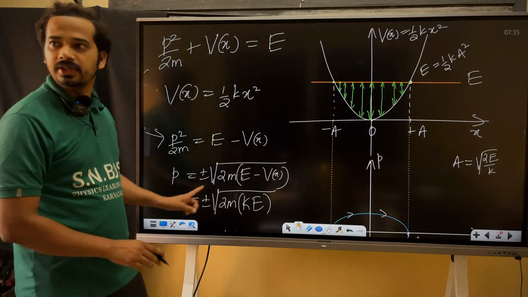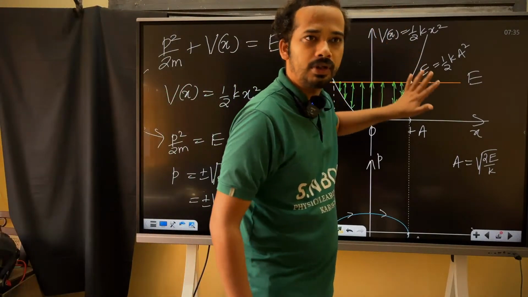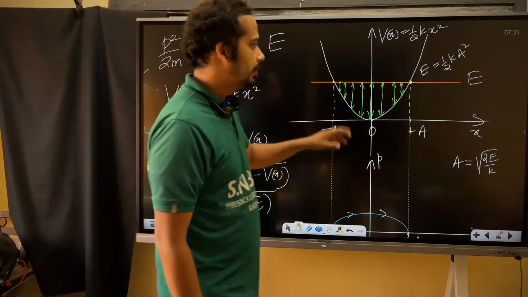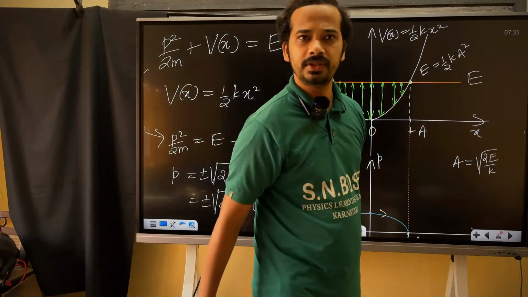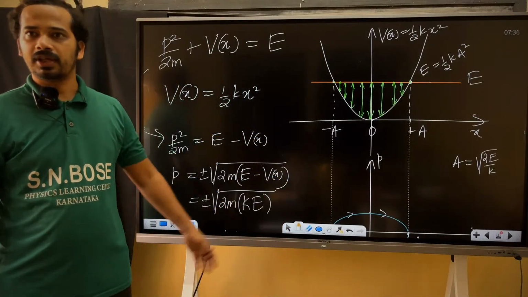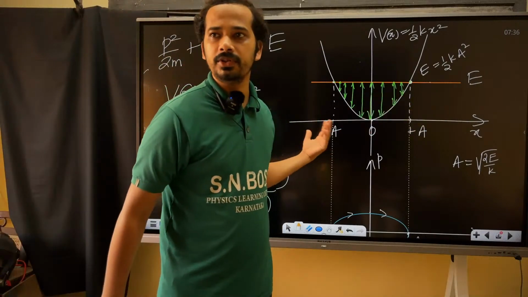Whatever system they give, first draw the potential. After you draw the potential, what do you do? Draw the energy, choose one energy. You can have your energy choice, am I right? Given the system, like suppose here, you can choose your amplitude, isn't it?